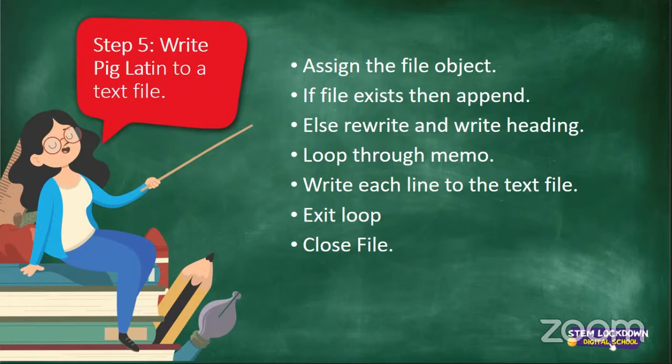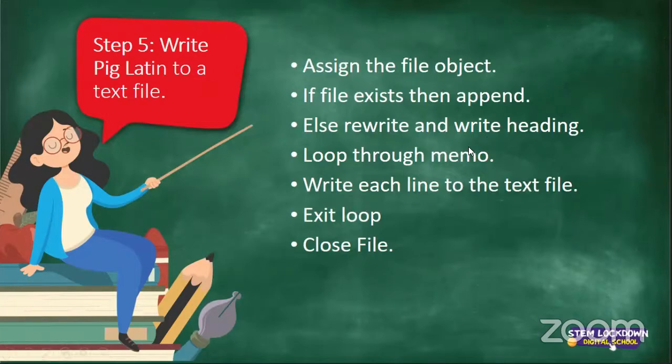If it doesn't exist, then create the file and rewrite from the start, but I also want to have some nice heading there at the beginning. Okay, if I'm going to append, I already have my heading from a previous writing. This time, if I just want to rewrite, I will just create my heading first and then write everything from the memo in there. How are we going to do that?